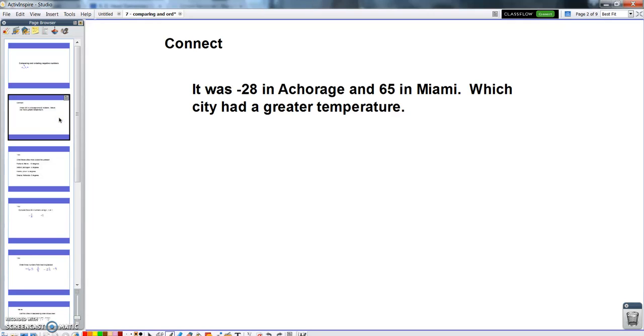All right. So this was your illustrating math question not long ago. We talked about it being negative 28 degrees in Anchorage and 65 in Miami. And it's easy to tell, with positive and negative numbers, which city had the greater temperature.